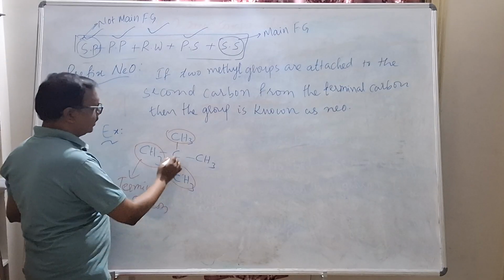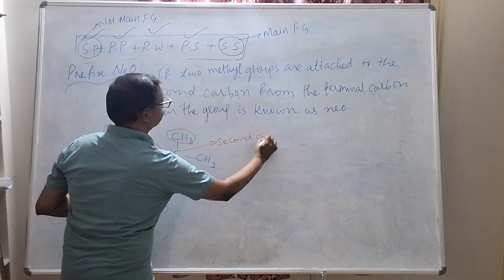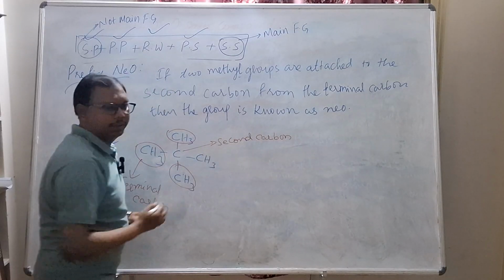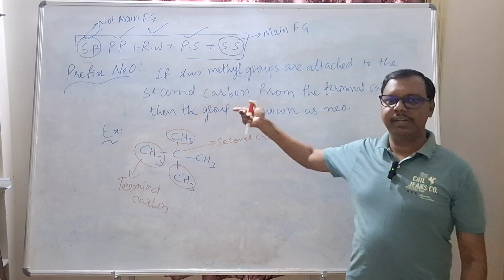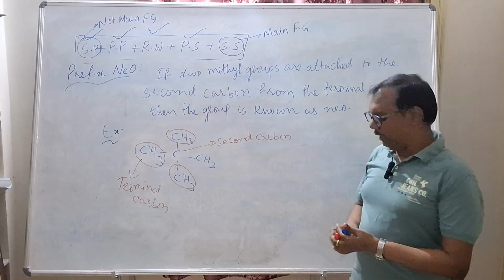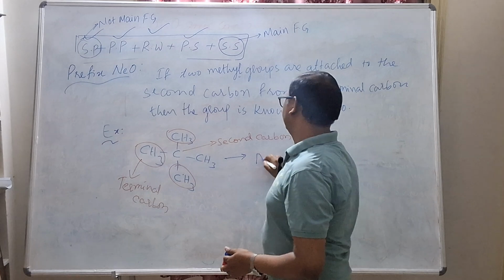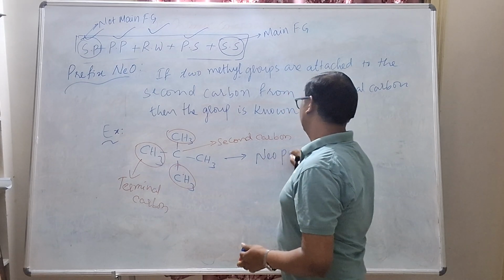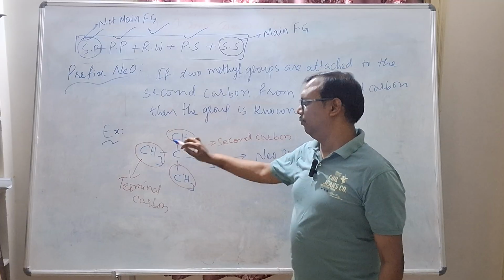Then the name of this is neopentane, because the total number of carbons is 1, 2, 3, 4, 5.